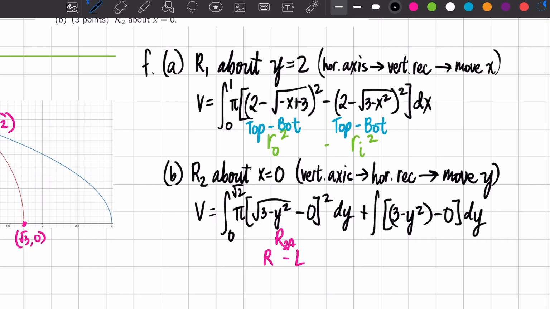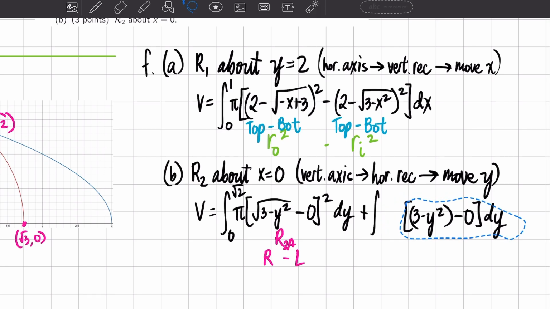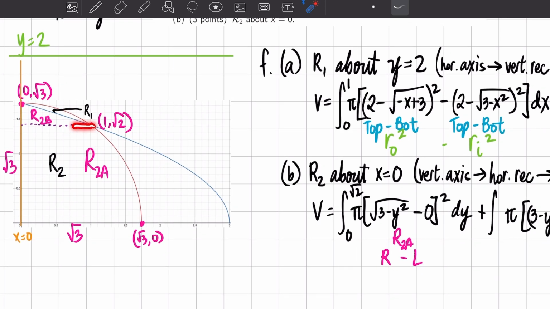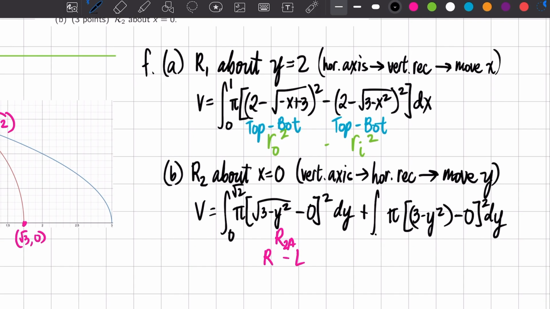And same thing, since this is in terms of y, we are integrating with respect to y. And, oops, I forgot the pi again, and the squared. So that's pi times radius squared. And as for your bounds, we are starting now from this one, y equals square root of 2, until you reach the top, y equals square root of 3. So from y equals square root of 2 to y equals square root of 3. So that's right curve minus left curve for the radius of your region R2B.